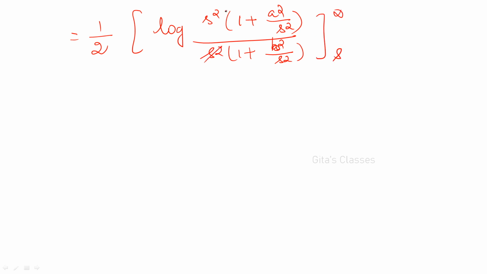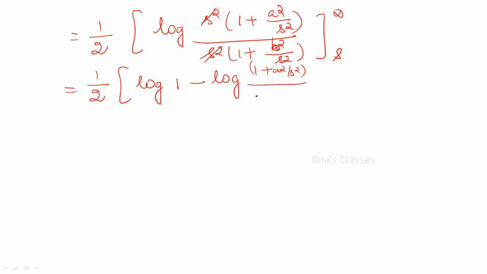So s squared and s squared will get cancelled. So this is equal to 1 by 2 into log of 1 by 1. So log of 1 minus log of 1 plus a squared by s squared by 1 plus b squared by s squared. So this is equal to 1 by 2 into 0 minus.